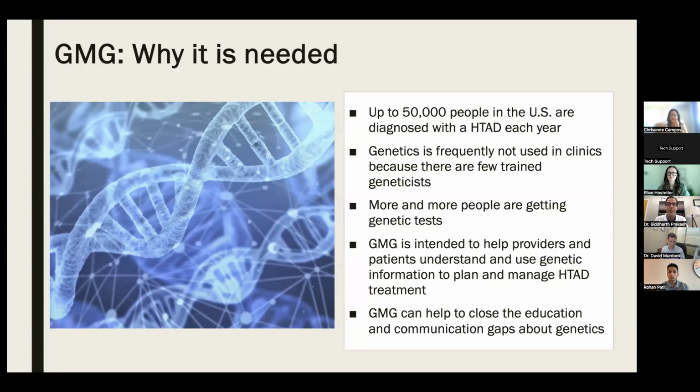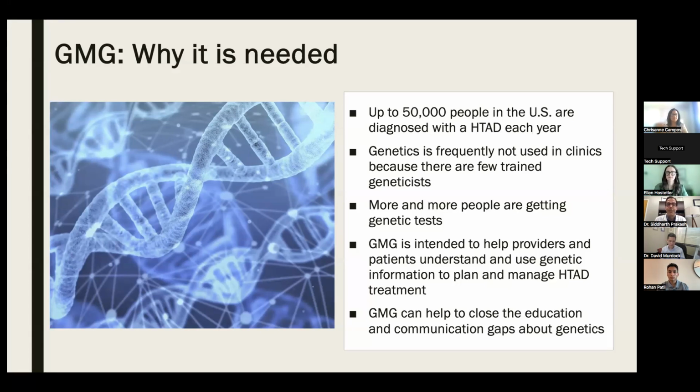At the same time, more and more people are getting genetic tests and coming to their doctors with a diagnosis related to a gene mutation in their families. This app was really developed to help bridge those gaps and to help people understand how to use genetic information to plan and manage the treatment of these disorders.